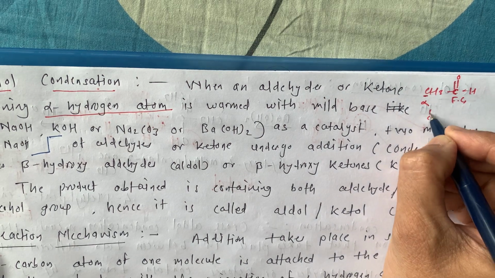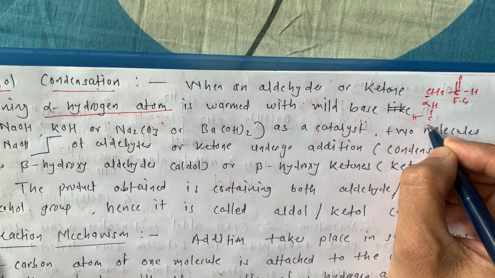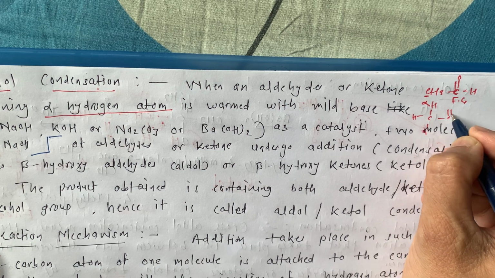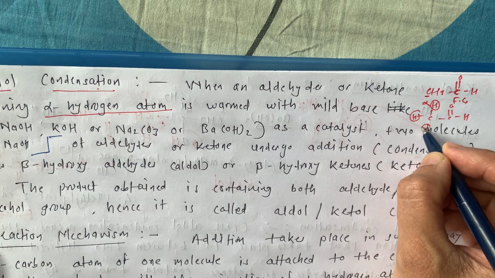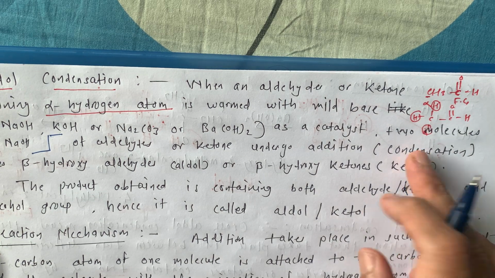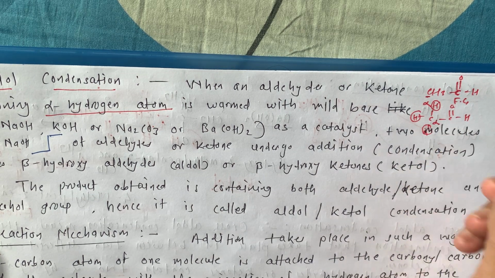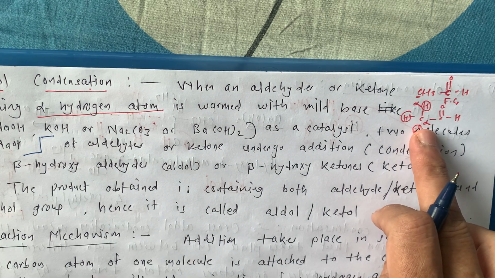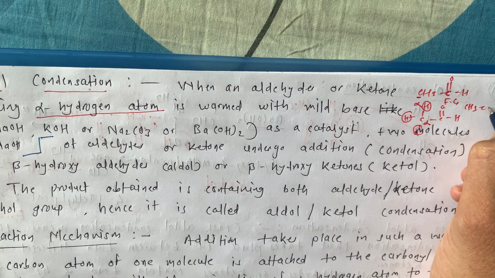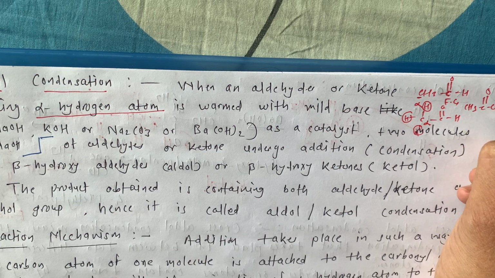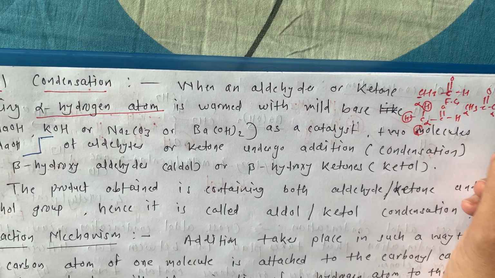So here, if this carbon has 3 hydrogens like this, then these 3 hydrogens are alpha hydrogens, which are attached to the alpha carbon. Then if it is a ketone, CH3 C double bond O CH3, then both of these are alpha carbons.